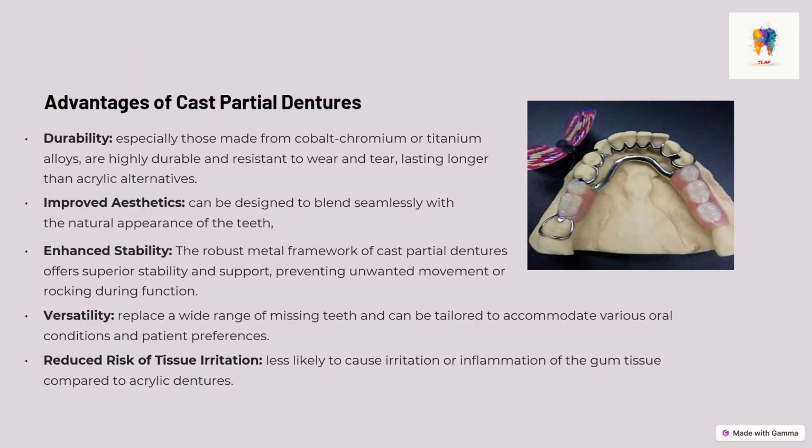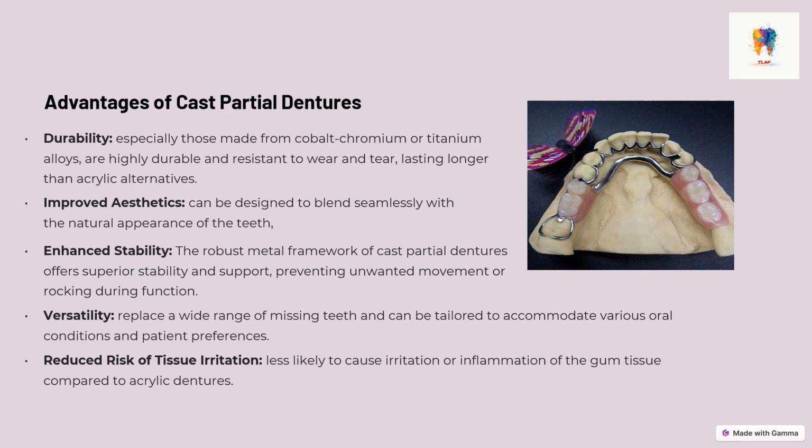Advantages of cast partial dentures are that they are more durable, especially those made from cobalt chromium or titanium alloys, and are highly durable, resistant to wear and tear, lasting longer than acrylic alternatives. Improved aesthetics: they can be designed to blend seamlessly with the natural appearance of the teeth.